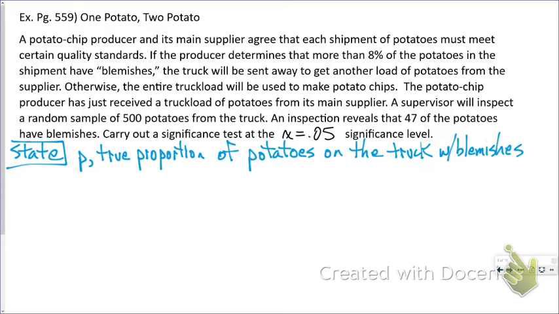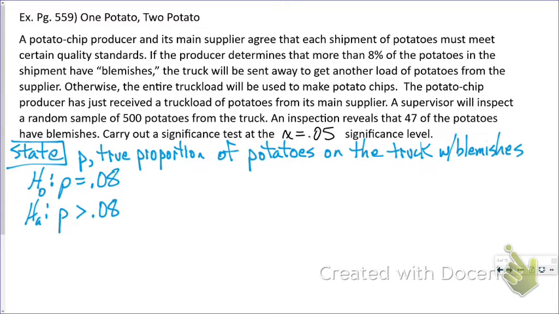We set our hypotheses to p equals 0.08, and we're worried that that proportion is larger than 0.08. Something else that's important, it's thought of as good practice to put alpha in your state step.